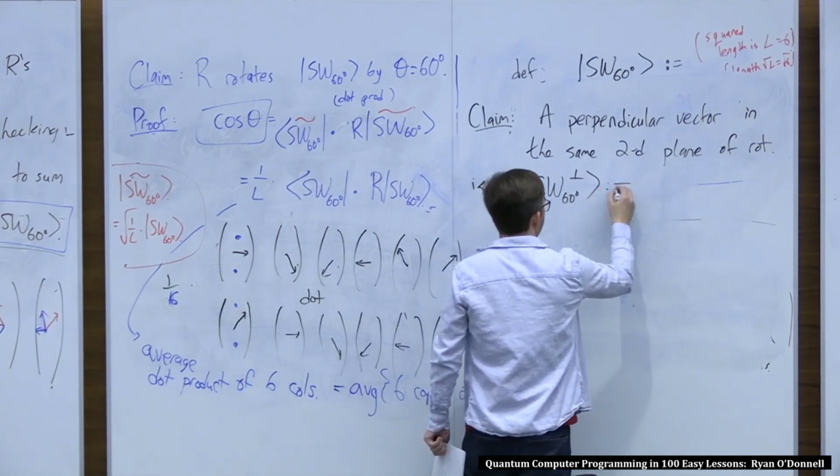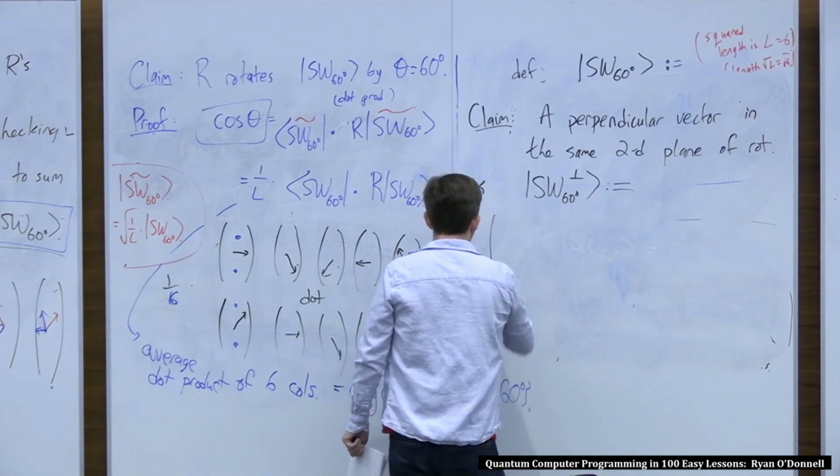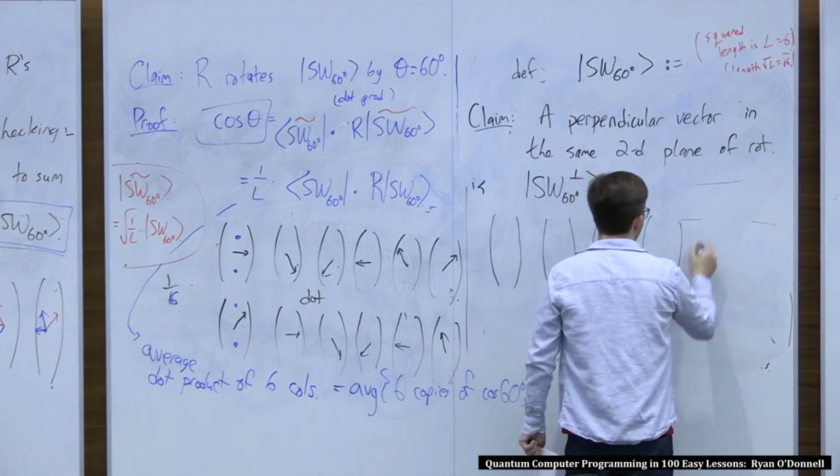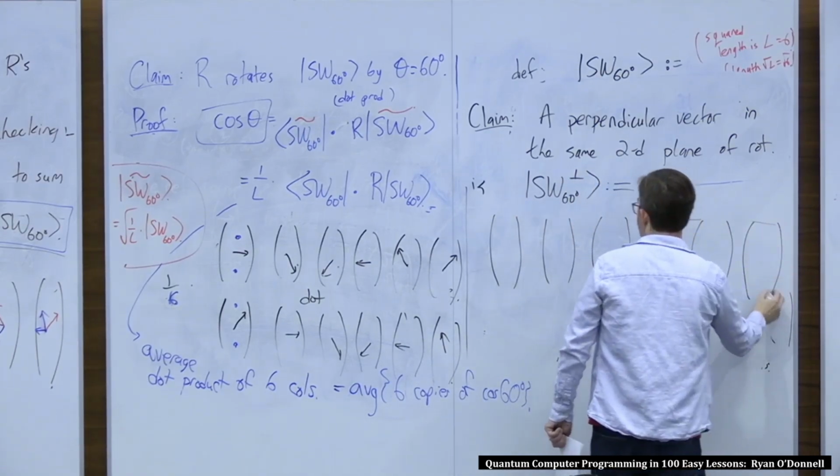And it's literally the exact same thing as SW60, except that you start with the vertical vector rather than starting with the horizontal vector.